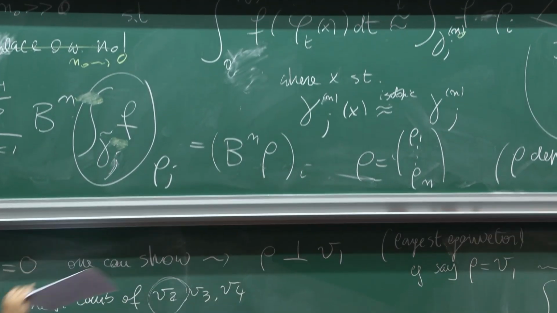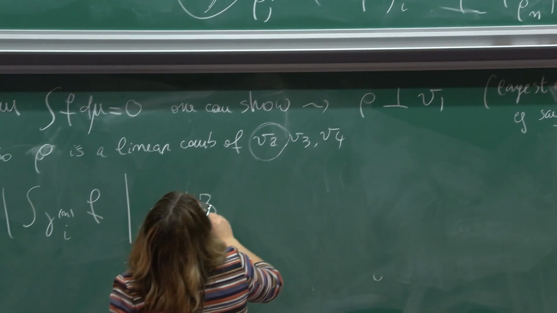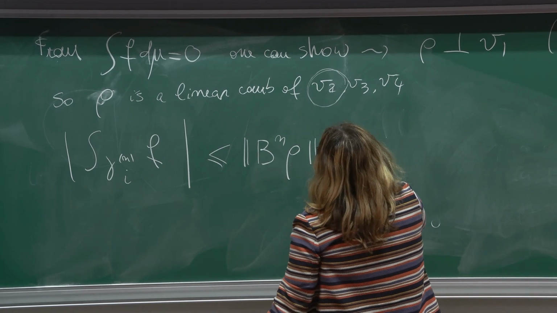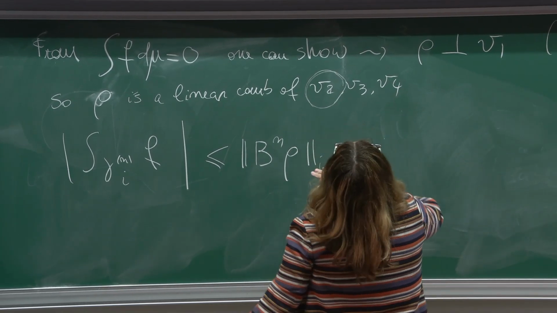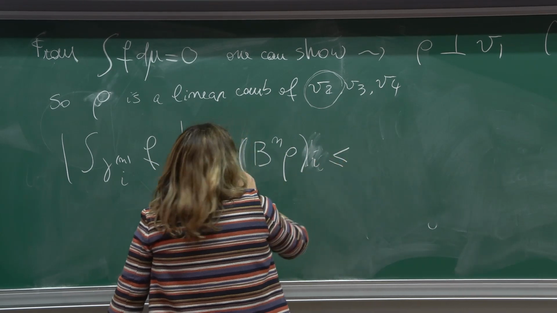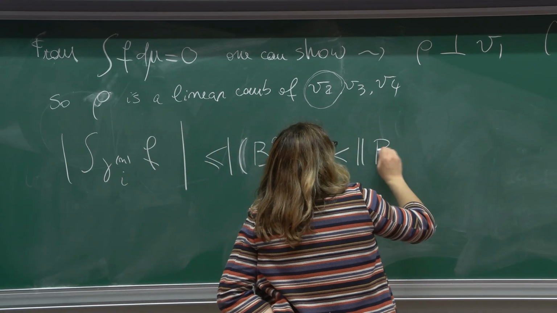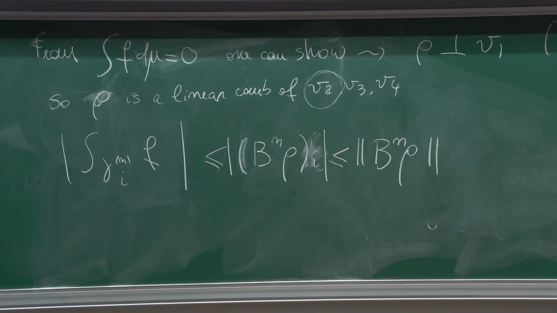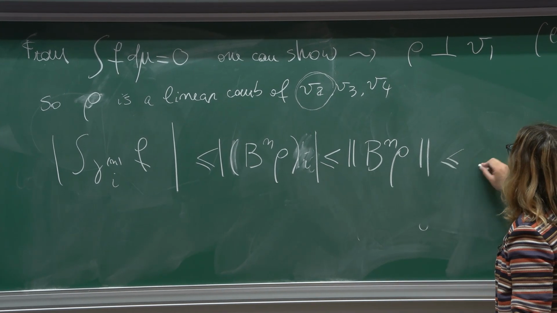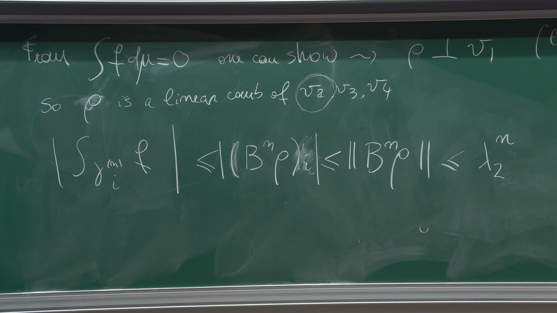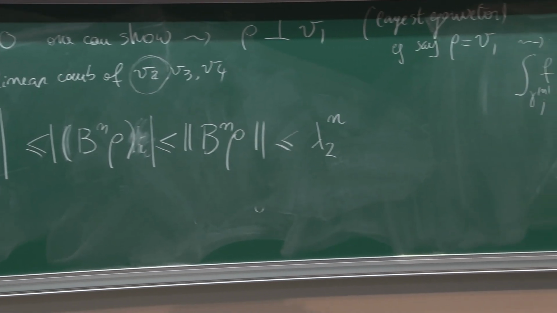It's less than the norm of Bn of rho I. It's less than the entry I, which is less than the norm of this vector. But this vector projects on the second eigenvector, so it grows at most like lambda 2 to the n. So it grows like the second, not like the first.